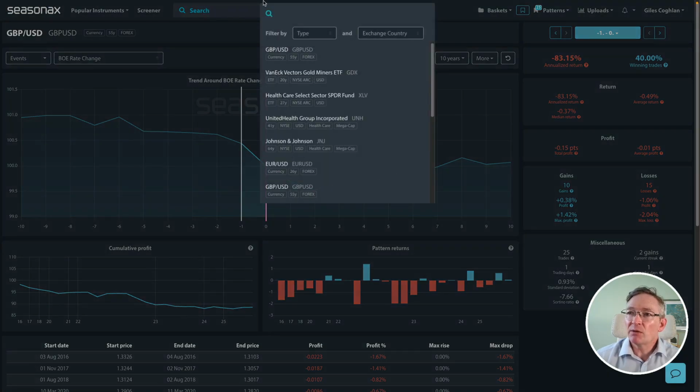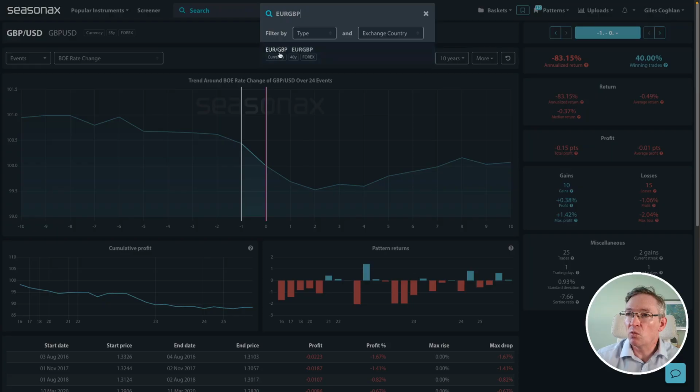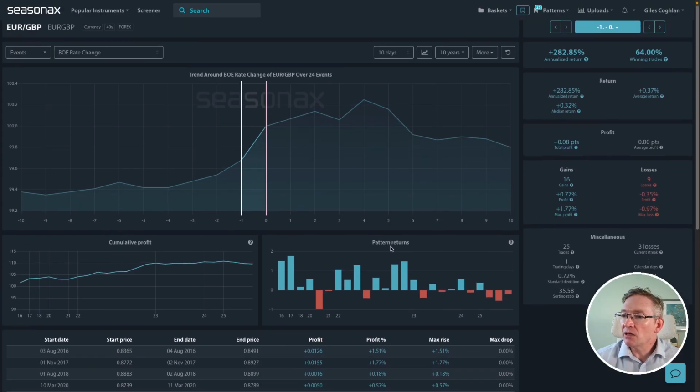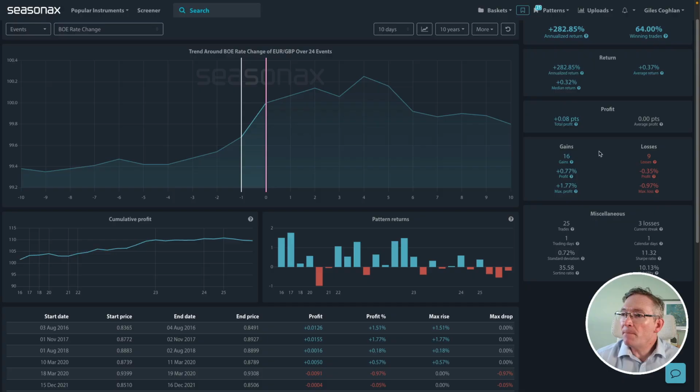So let's stay with the Bank of England interest rate decision, and let's now look at the euro pound and give ourselves a worked example. Here you can see on the actual day of the release, we've got an average positive return of the euro pound to the upside, and straight away you can see what the maximum gain and the maximum fall is.